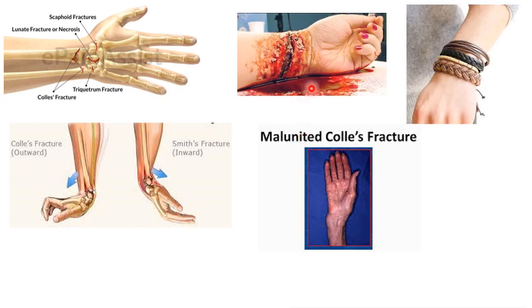These are the cut wounds, the lacerated wounds at the wrist, and can be seen with tight hand bands or handcuffs compressing the ulnar nerve at the wrist, that is at the Guyon's canal.